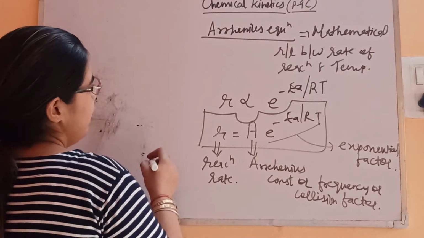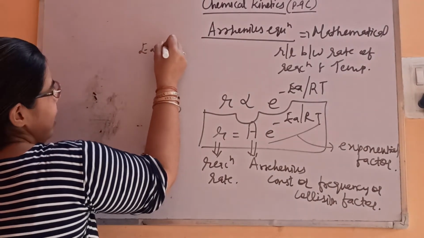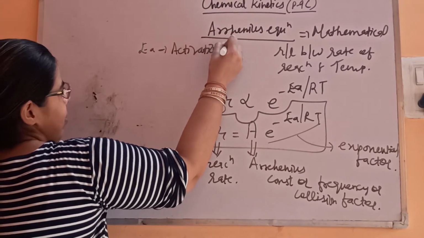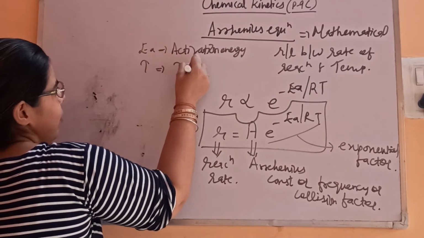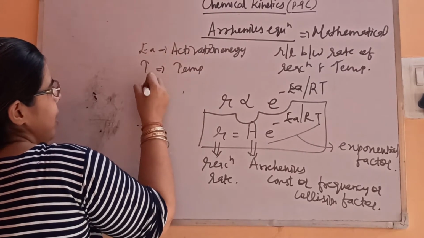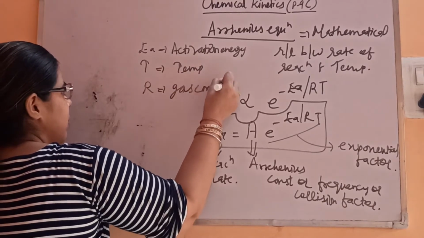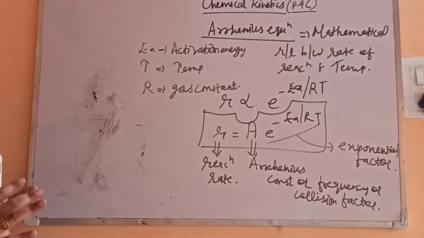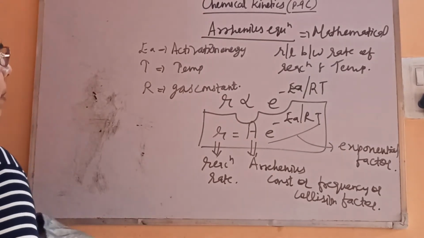Where EA is activation energy, we have discussed this. And T is temperature, we all know. And then R is the gas constant. Fine. So this is the Arrhenius equation which relates the rate of a reaction with the temperature.